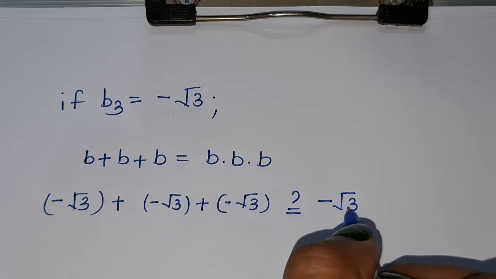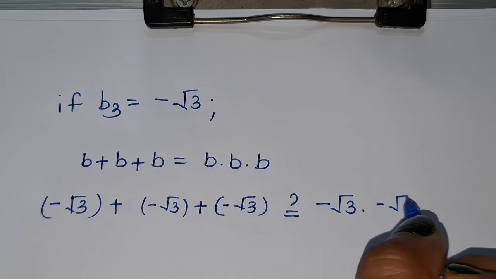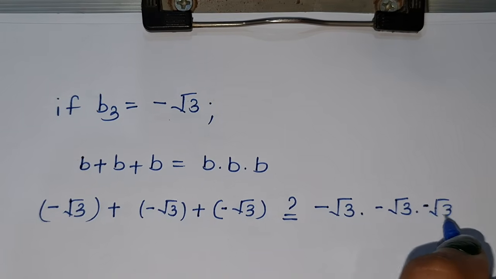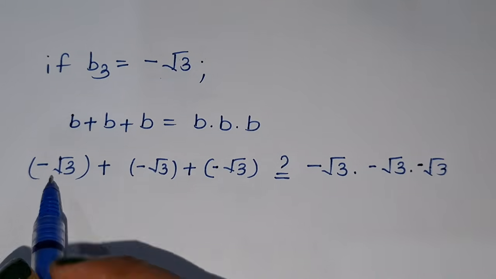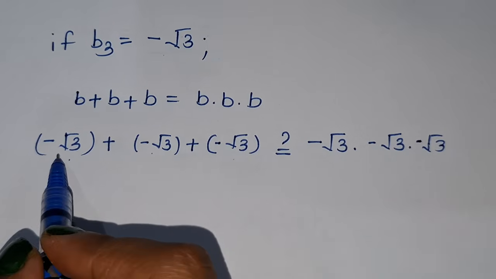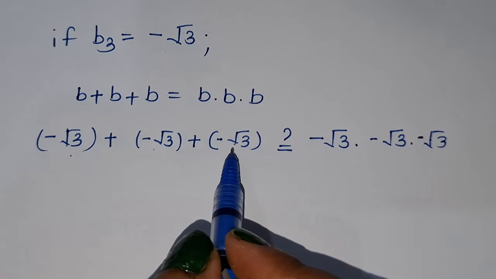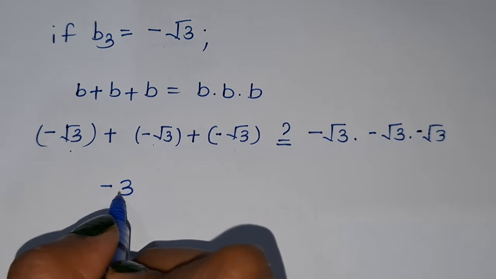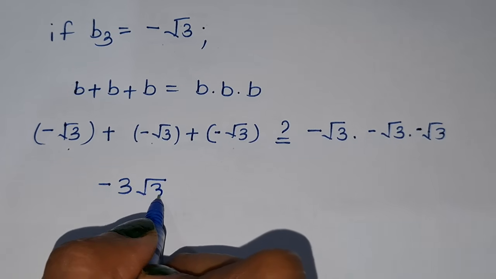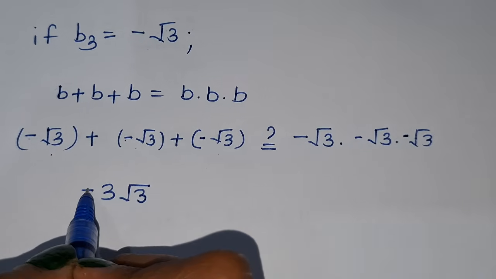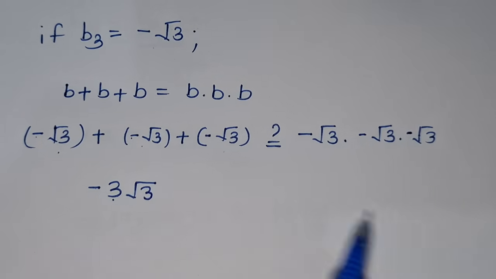Minus square root of 3 times minus square root of 3 times minus square root of 3. Now minus square root of 3 added three times gives 3 times minus square root of 3, so we write minus 3 square root of 3.